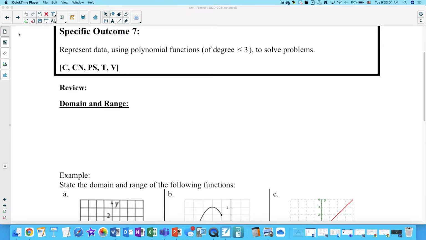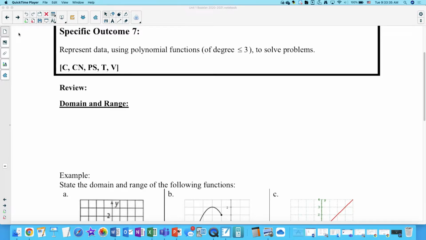Domain and range. So the domain and range of a function are the values that make sense for either the input of the function or the output of the function. Okay, the domain is the input, the range is the output. So for example, if I said, we're going to look at a connection or an association or a relationship between the date in second semester and the number of students who are present in Math 30-2, okay?